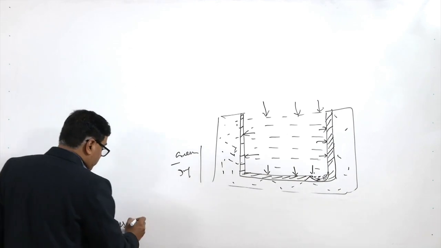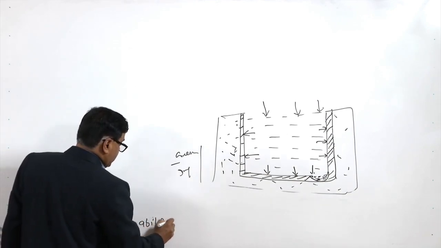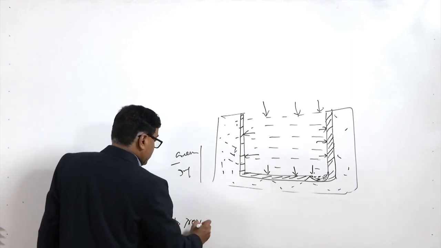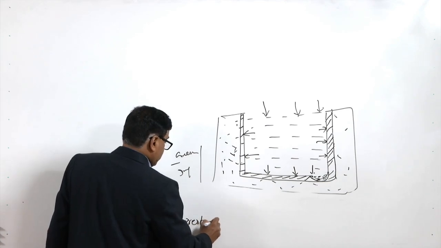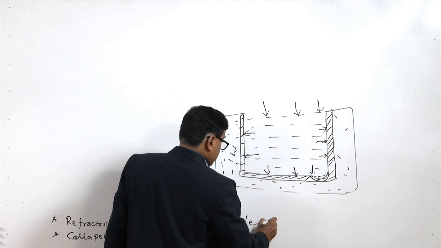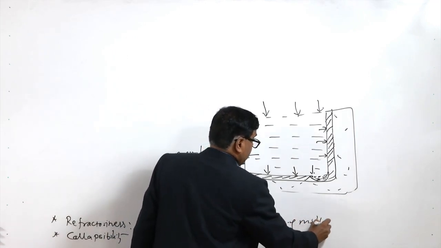Refractoriness of the mold is about the ability to sustain the high temperature of the molten metal.